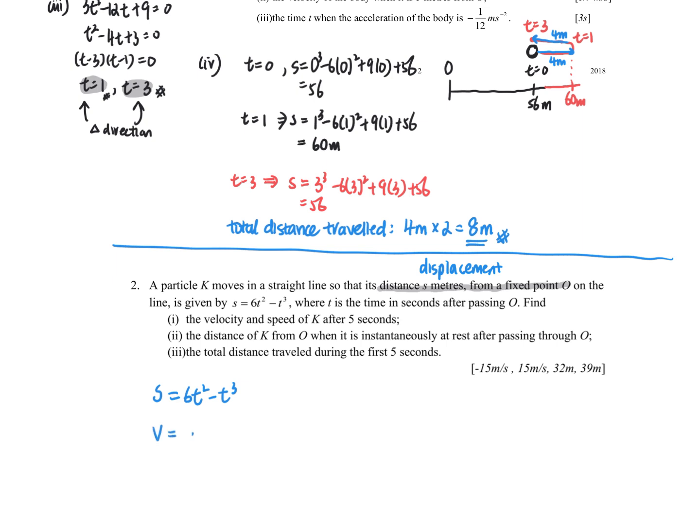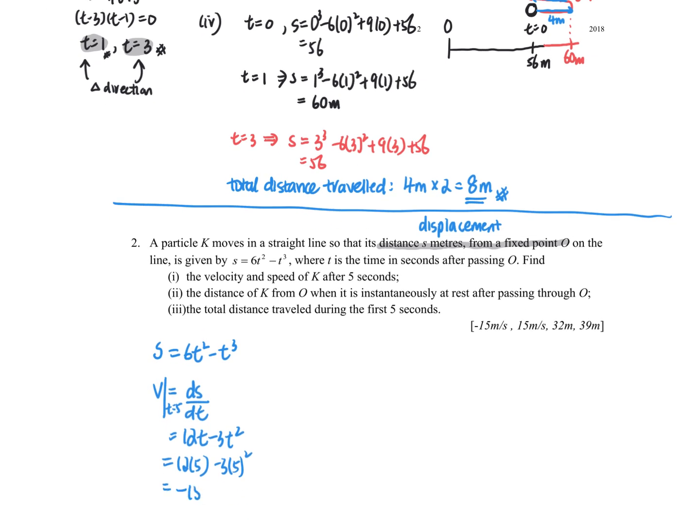So velocity is ds/dt. And then they want us to sub in t as 5. So 12t minus 3t squared, sub in 5. Minus 15 meters per second. Okay, but they also want to know the speed.